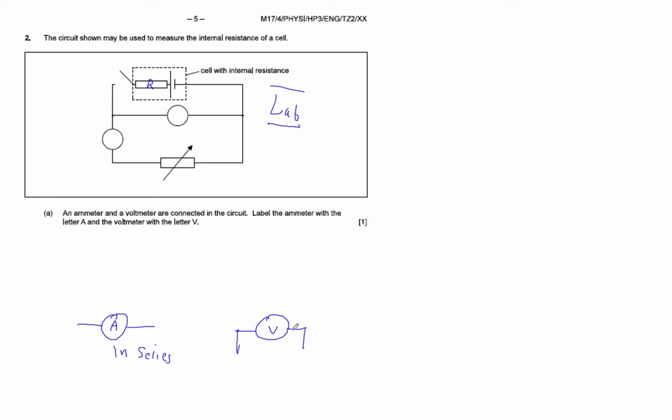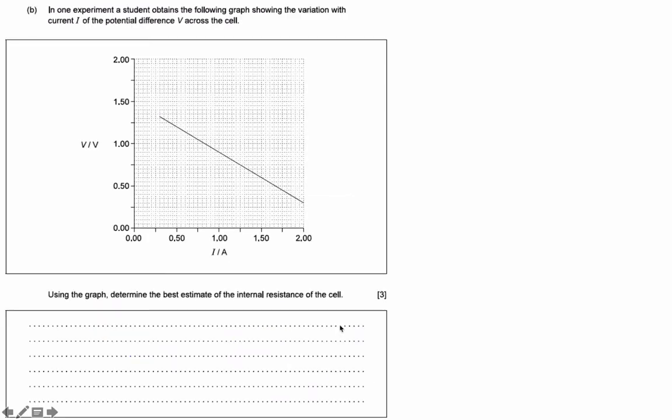Remember that the resistance of a voltmeter is basically infinity, and the resistance of an ammeter is 0. So happy hunting. Hopefully you'll get that one right.